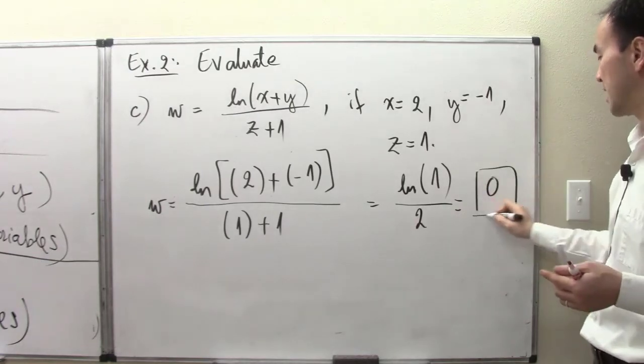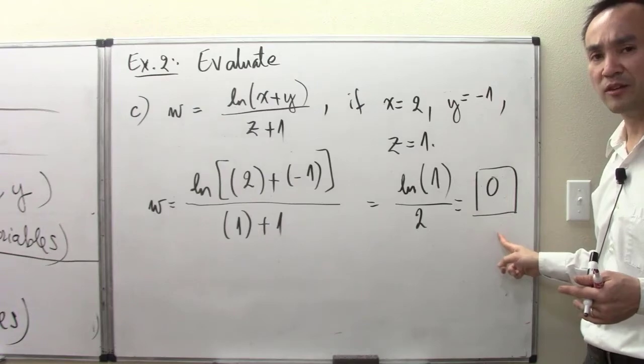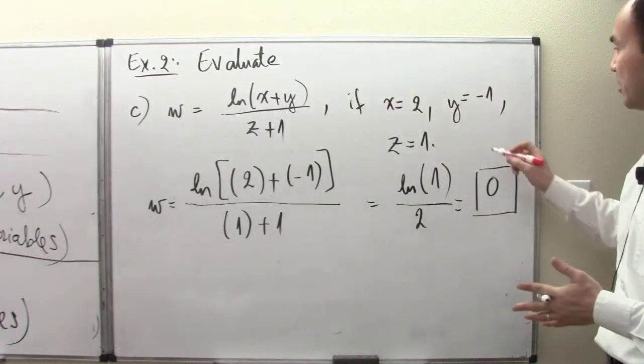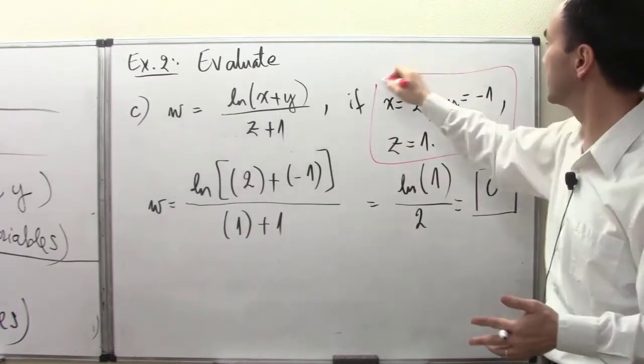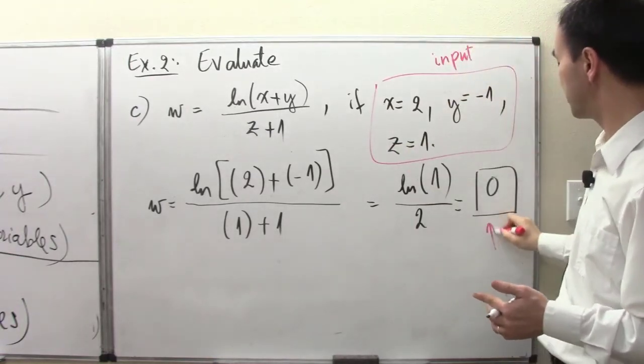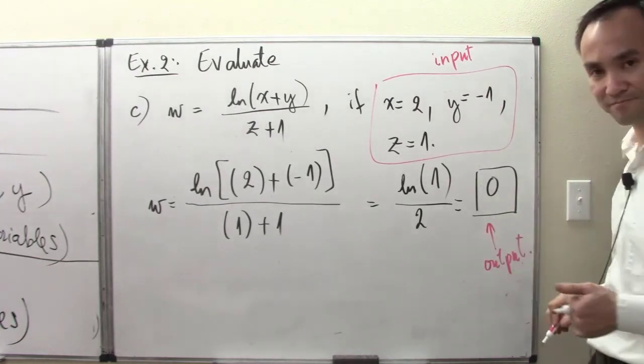So this is now our final determined output. These three together are our input, and we have determined the output for this particular function.